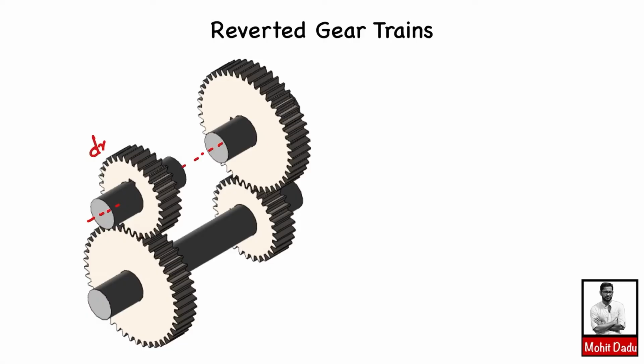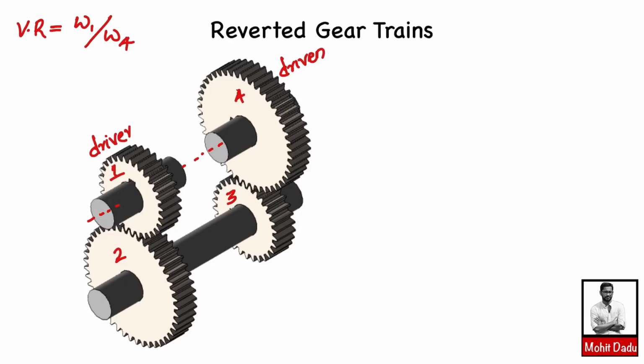I can call this the driver and this the driven. Numbering the gears, this is the first gear, there is a common shaft on which gear 2 and gear 3 are mounted, and the final gear is the fourth. The velocity ratio of this gear train is omega 1, the driver, divided by omega 4, the driven.